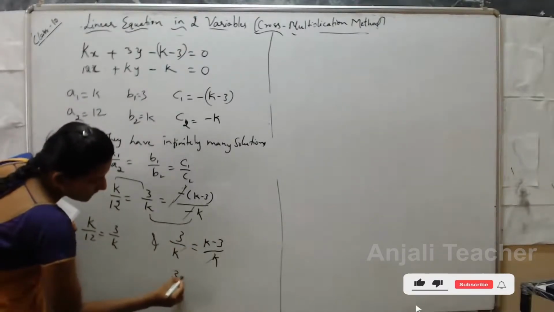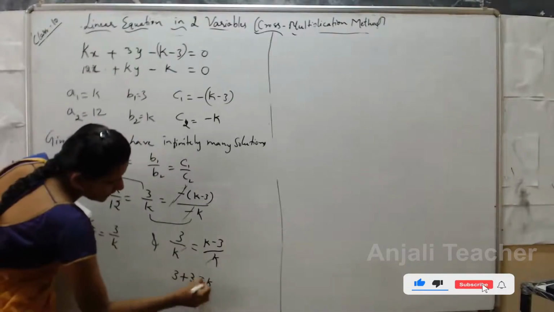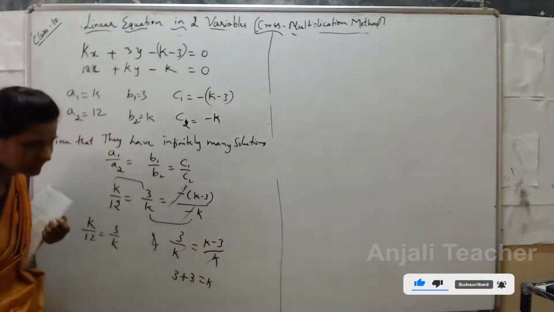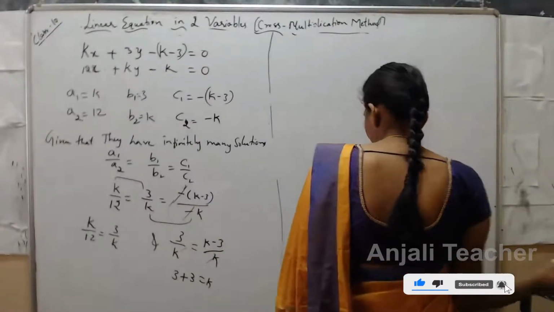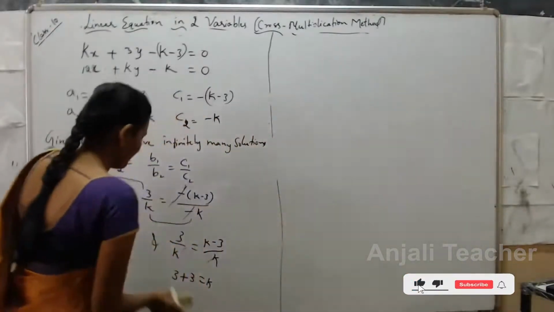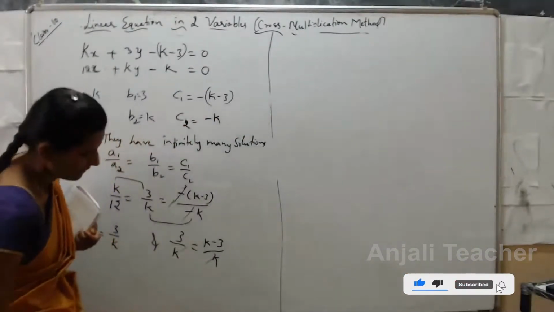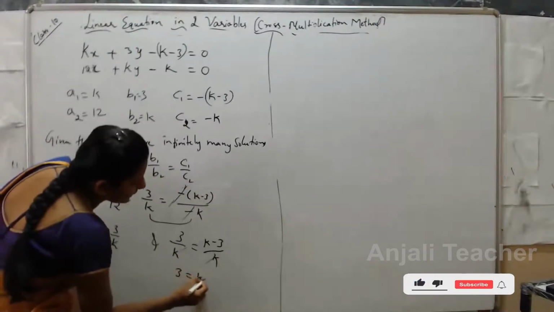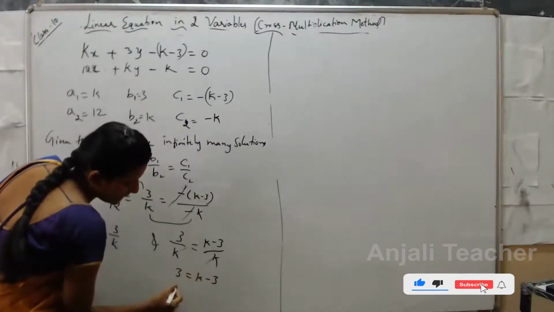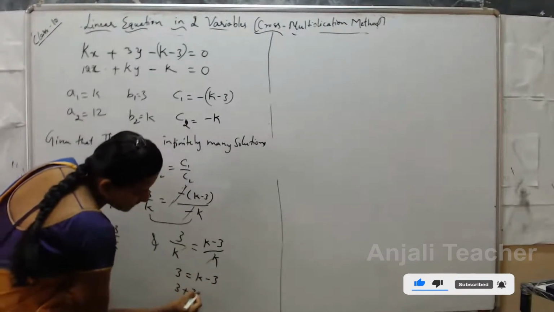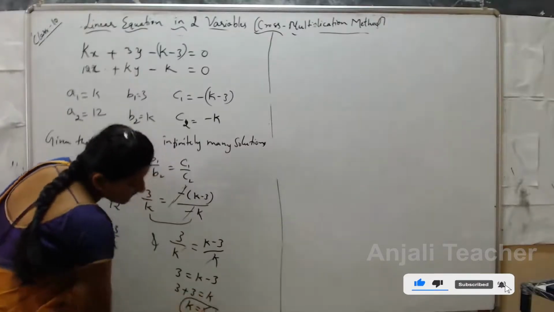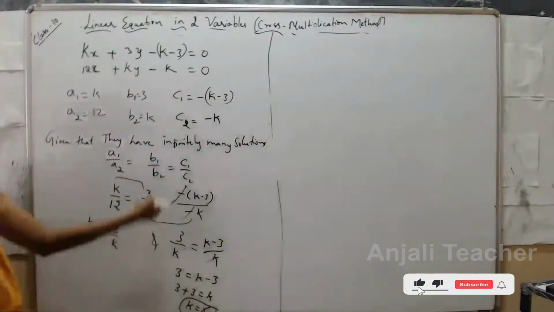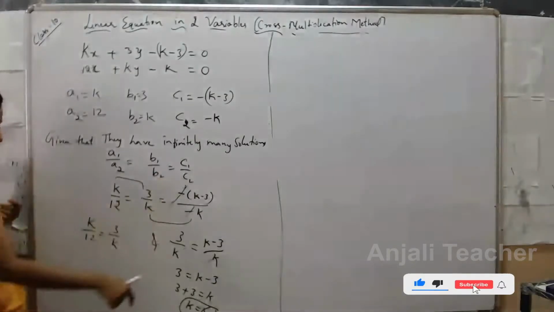What happens? 3 plus 3 is equal to k. Therefore, k is equal to 6. If you solve these two, you will get this. Again, you should solve this.